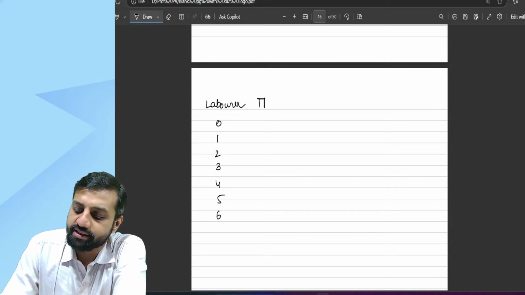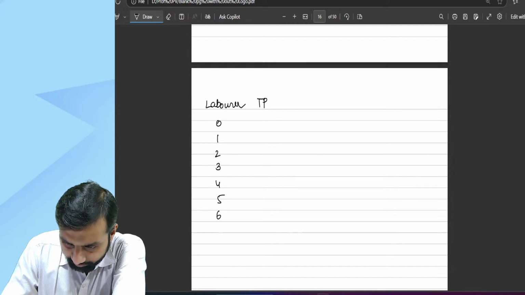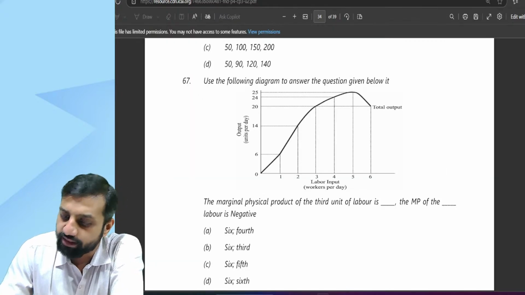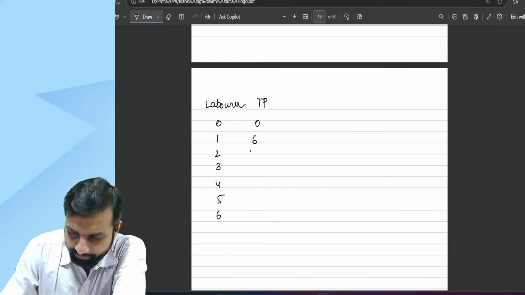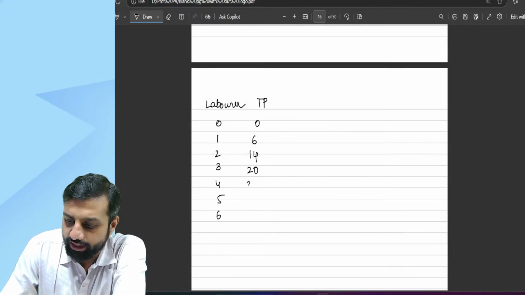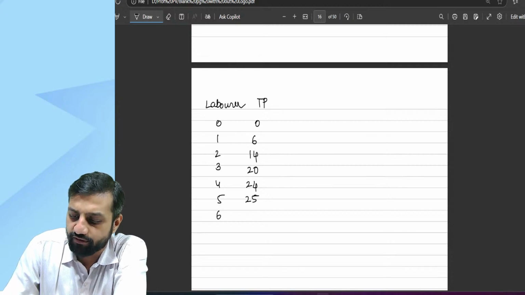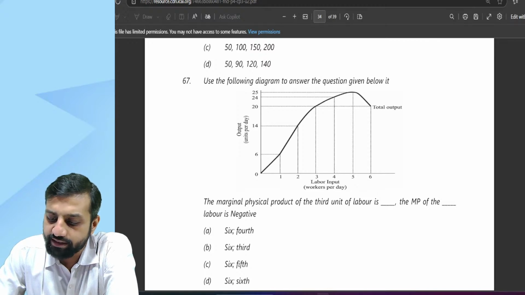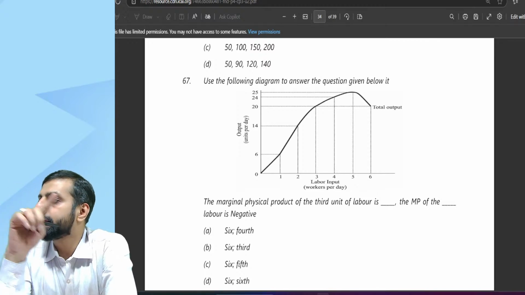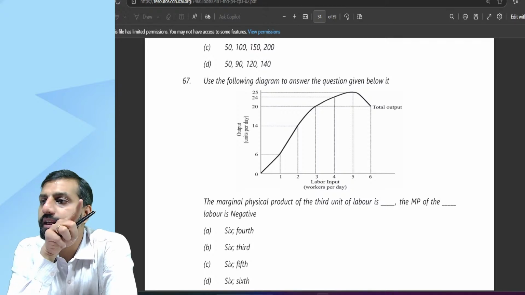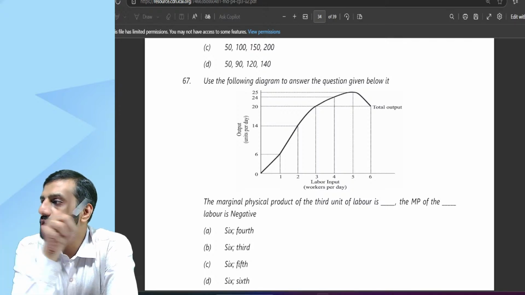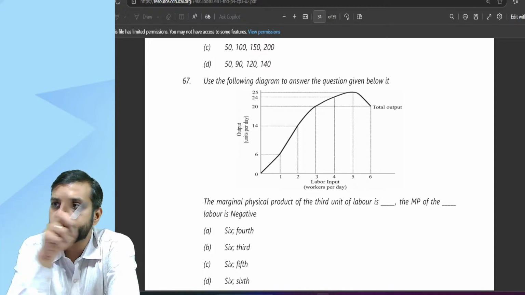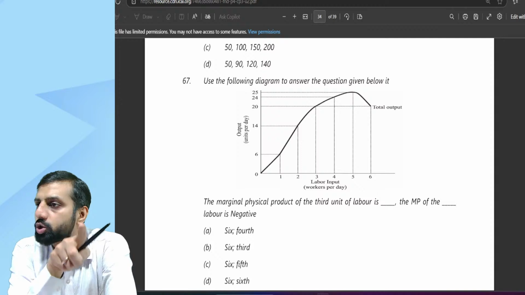Then on the y-axis, they have given total product, which will be 0, then 6, 14, 20, 24, 25, and 20. So if you see 1 and 6, then 2 and 14, 3 and 20, 4 and 24, 5 and 25, 6 and 20.